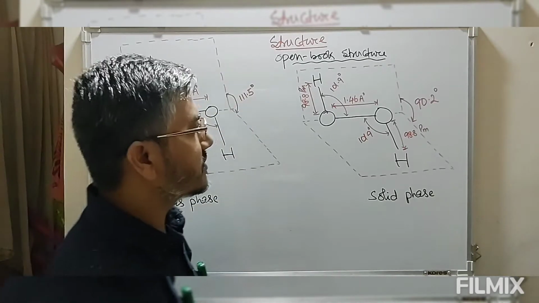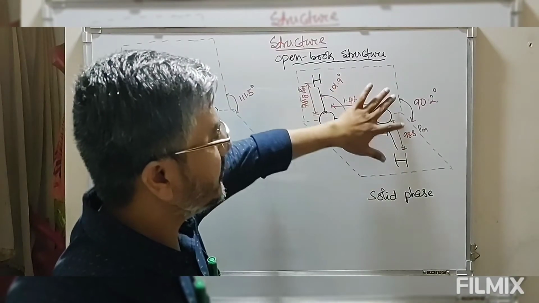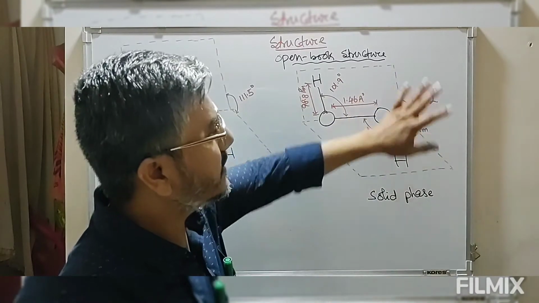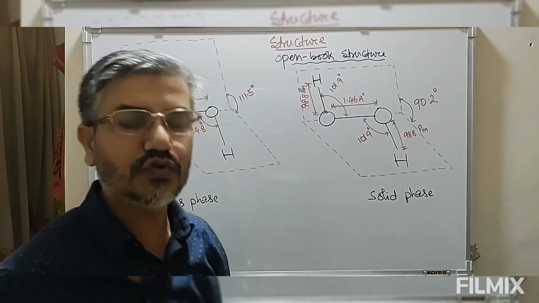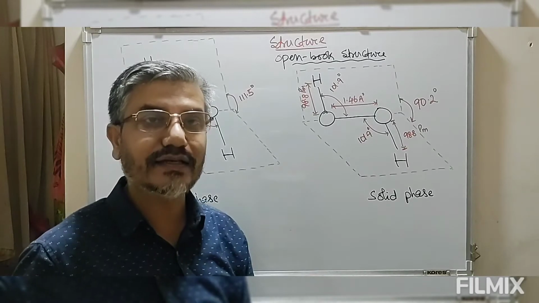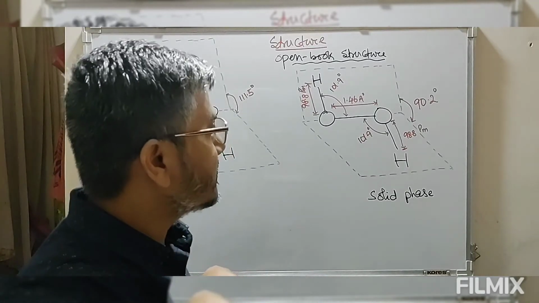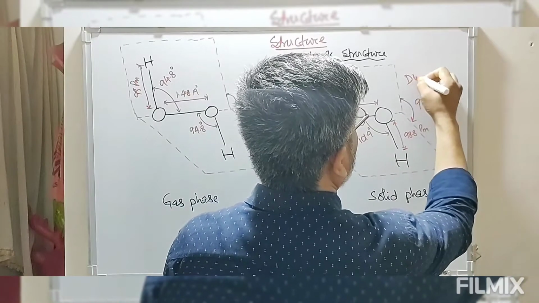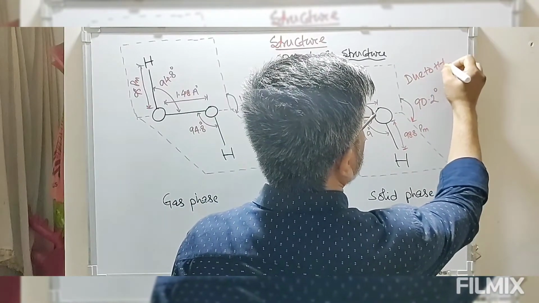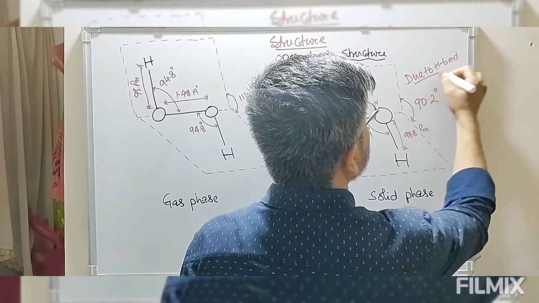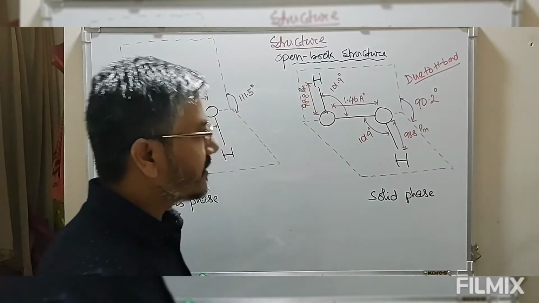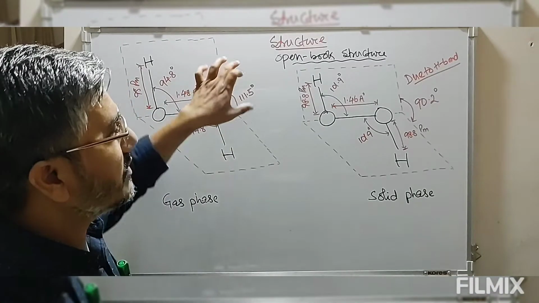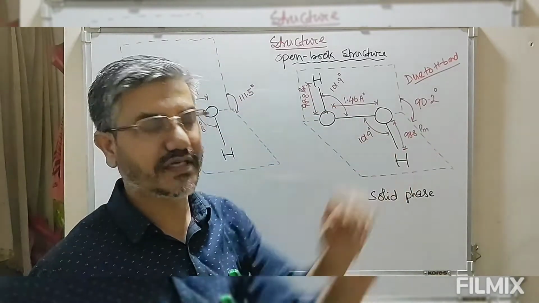Now in solid phase, this dihedral angle between the planes is 92.2. That is, the dihedral angle is decreased. This decrease in dihedral angle is due to hydrogen bond. So because of this extensive hydrogen bond, the dihedral decreases from 111.5 to 90.2 degrees.